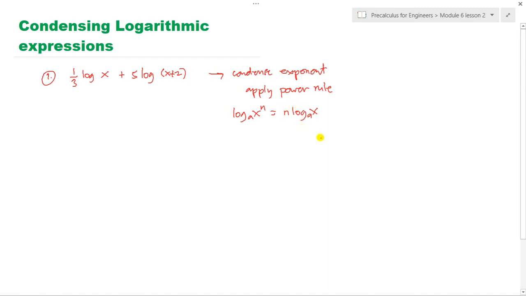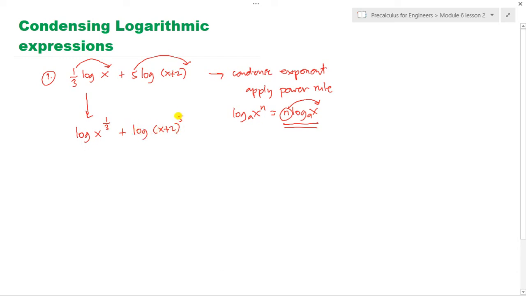So if there is a constant preceding the logarithm, you bring it back as the exponent of the expression. Since we did the opposite before, we reverse it. So here, in example one, the 1/3 goes back, and the 5 goes back. This will now be equal to log of x raised to 1/3 plus log of x plus 2 raised to 5.